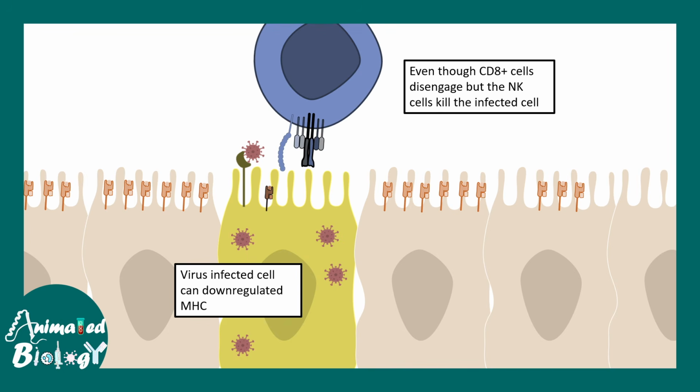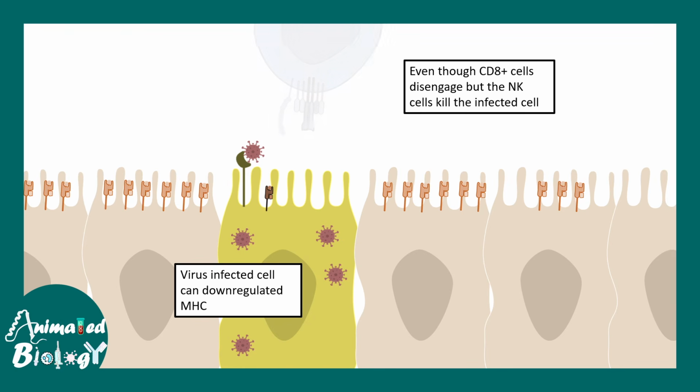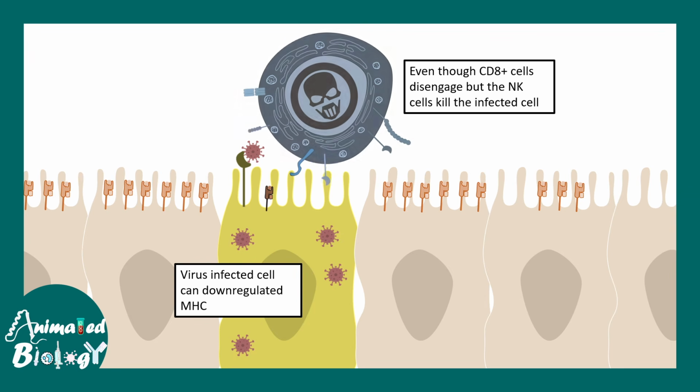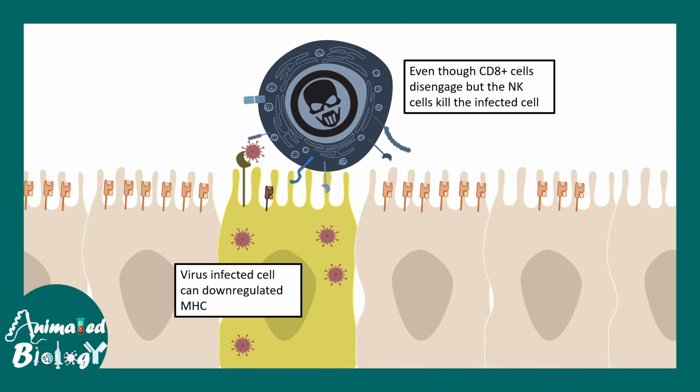So the CD8 positive T cell would be confused because MHC bound peptides are really small in number, so they would disengage. But even though they disengage, the natural killer cell would sense the absence of class 1 MHC molecule and they would engage and eliminate the virus infected cell.